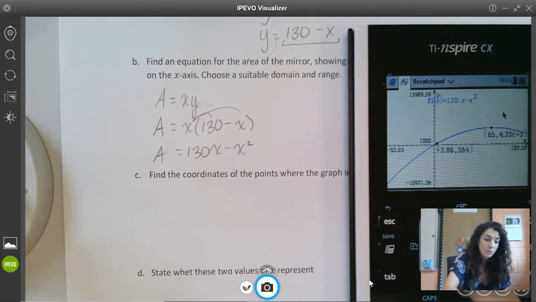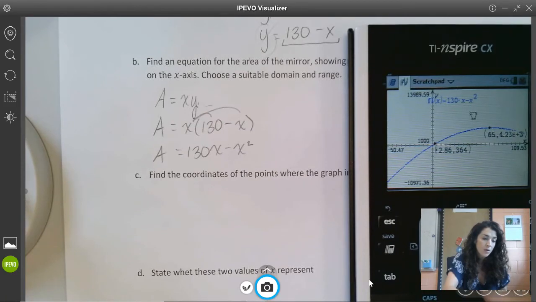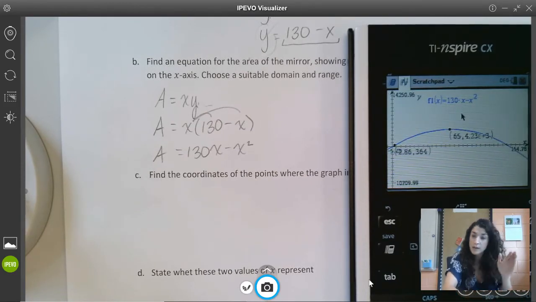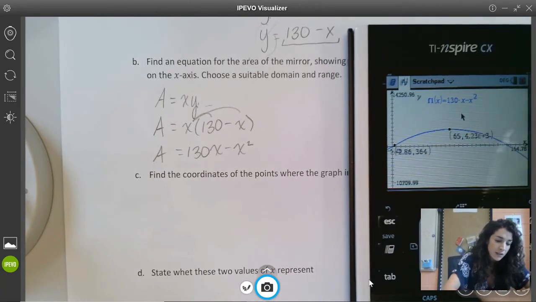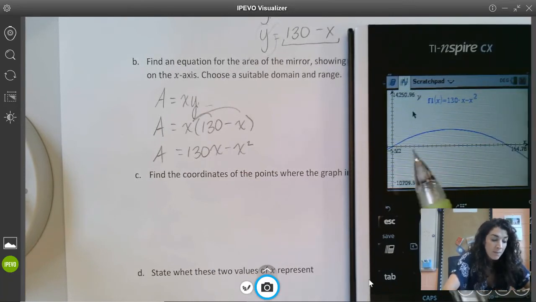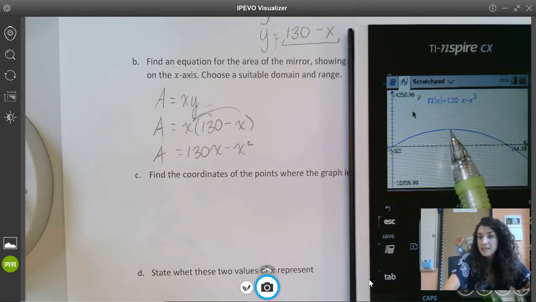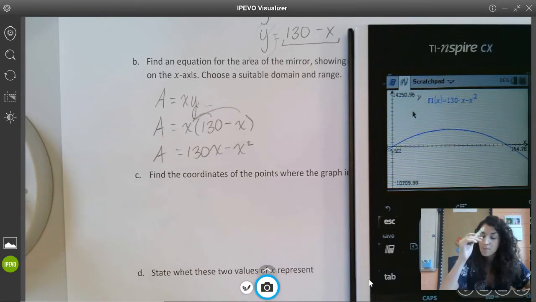But also notice with parabolas, we will always have a range restriction where the range can only get to a certain point. So I'm going to delete all those previous points left over from previous work on my calculator. My range means I'm less than whatever the maximum value is. I can't get larger than that area, but I also can't go into the negatives.